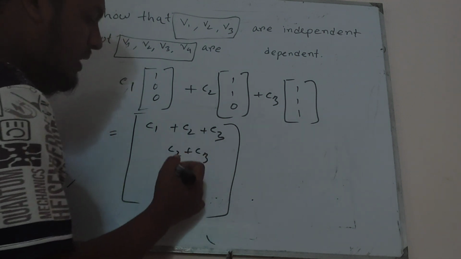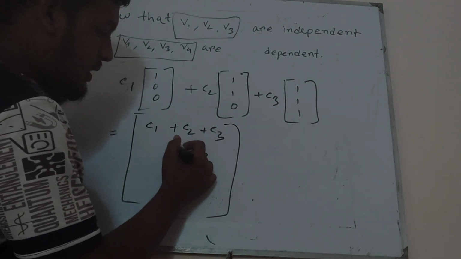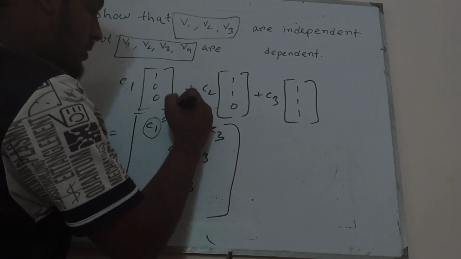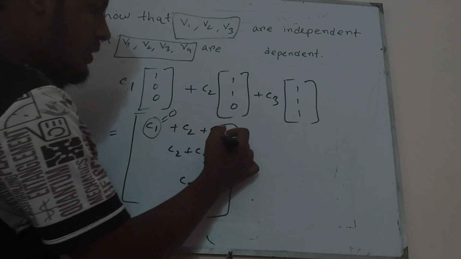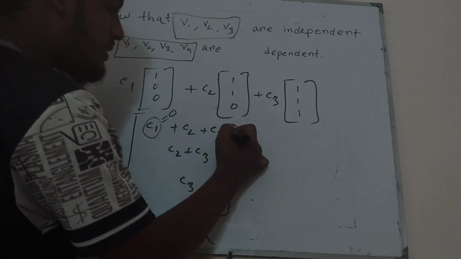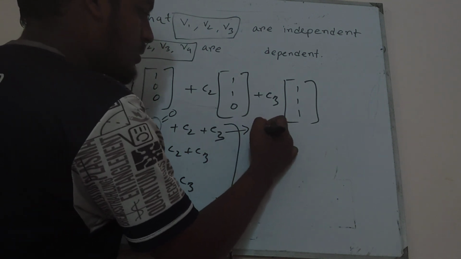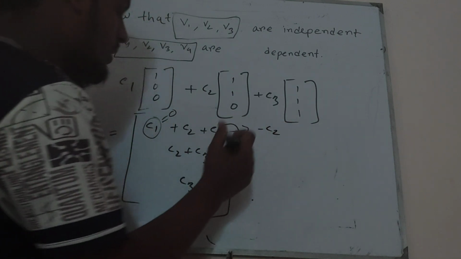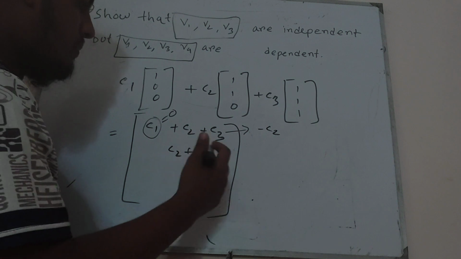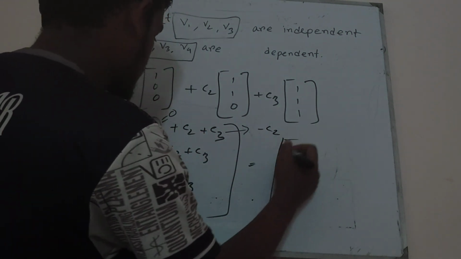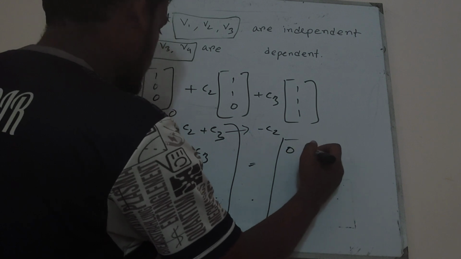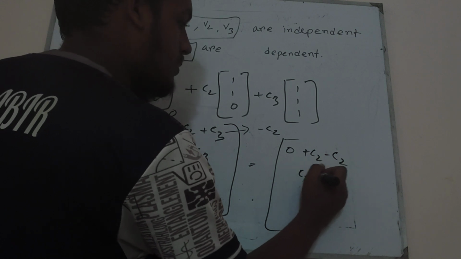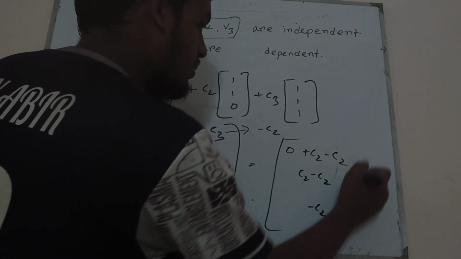The easy way would be to consider C1 equals 0 and C3 equals minus C2, then we get C1 = 0 plus C2 minus C2 minus C2.